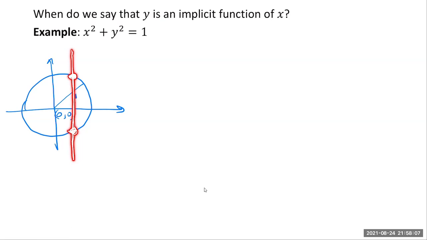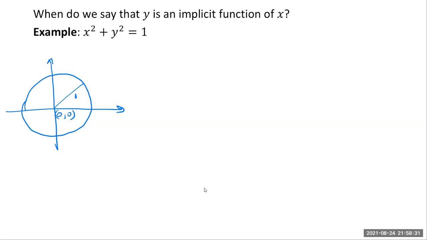But it is a relationship. In this kind of situation where you cannot solve the equation for y and obtain a single well-defined function in terms of x, we say that y is implicitly defined as a function of x. Or in other words, y is an implicit function of x.